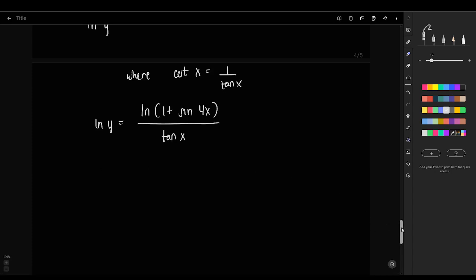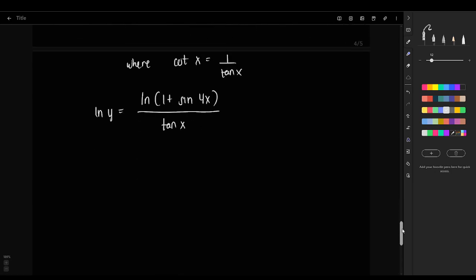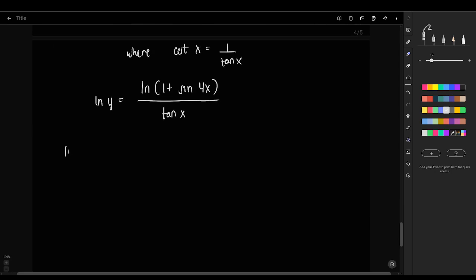So we just follow the limit here, as x approaches 0 from the positive side, the limit of ln y is the limit as x approaches 0 of ln of (1 plus sine 4x) all over tangent x.